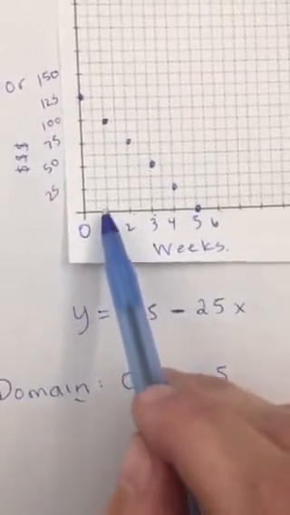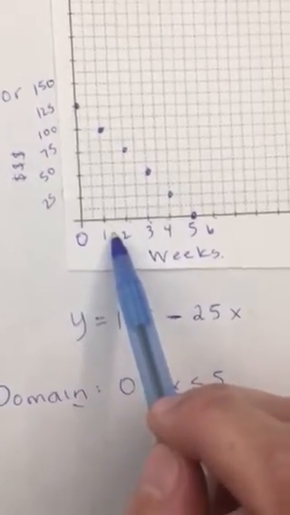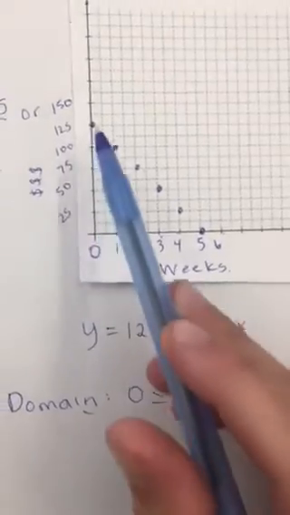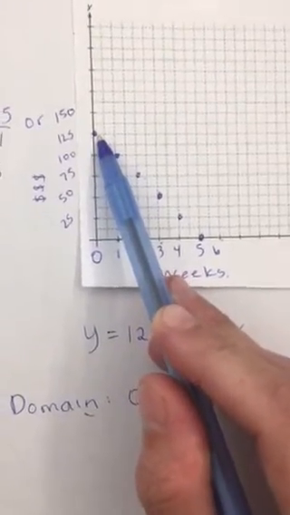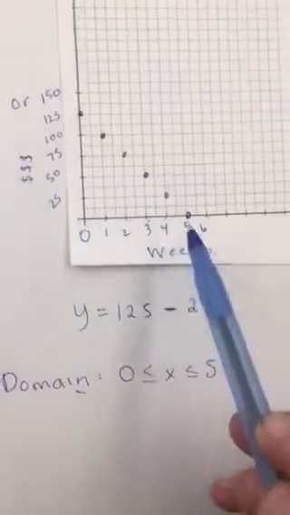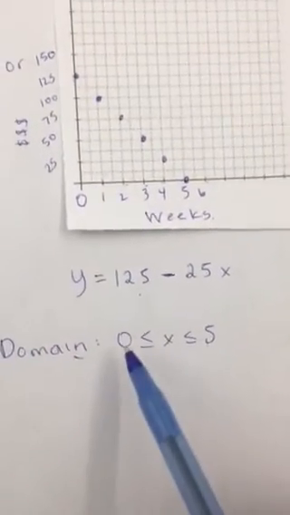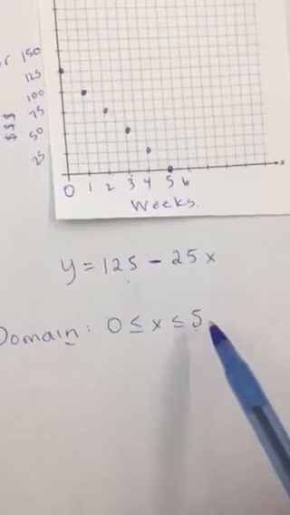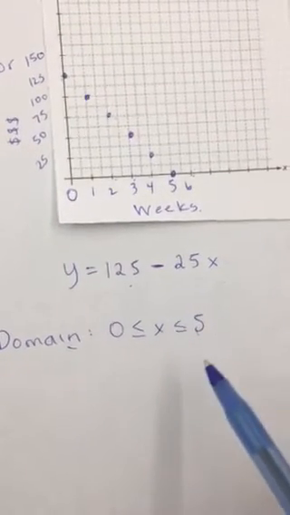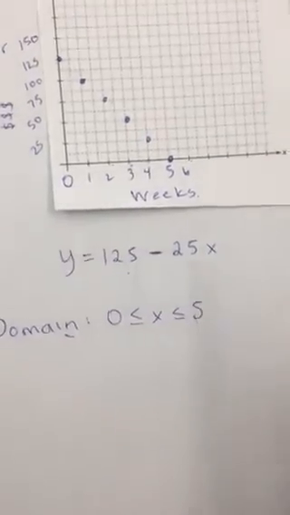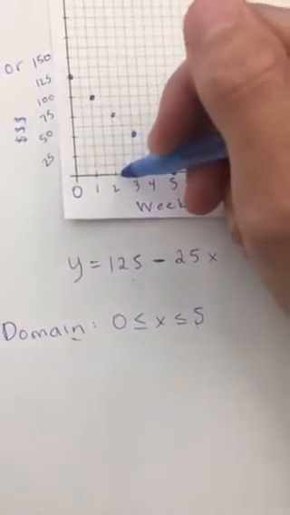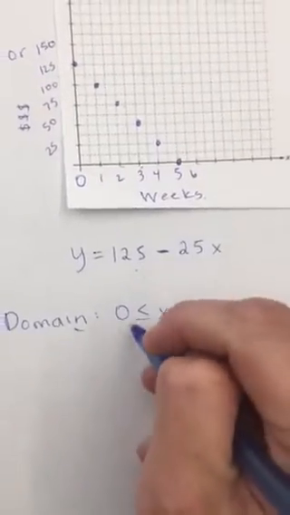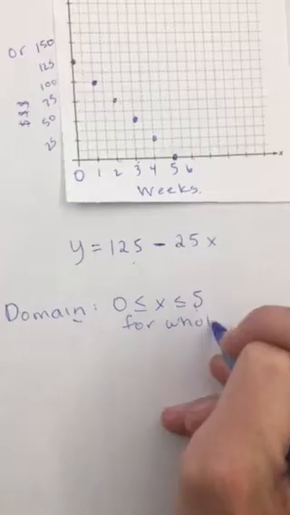I know how much money he has after 1 week, after 2 weeks. I can even figure out what he has when he first starts. But after 5 weeks, he runs out of money. The key thing is that you're counting up his money at the end of the week, so it only happens at these specific points. Therefore, I have to say whole numbers.